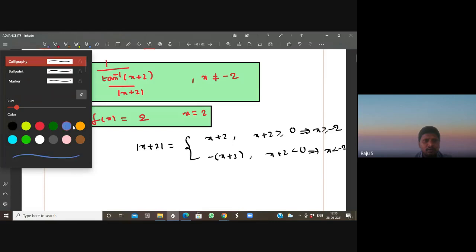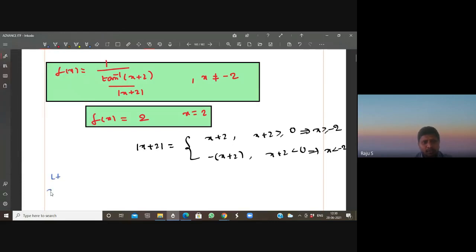Now, let's see here. Limit x tends to minus 2 minus of f of x, that is, left hand continuity at minus 2. So limit x tends to minus 2 minus, substitute f of x value: 1 by tan inverse of x plus 2 by modulus x plus 2.